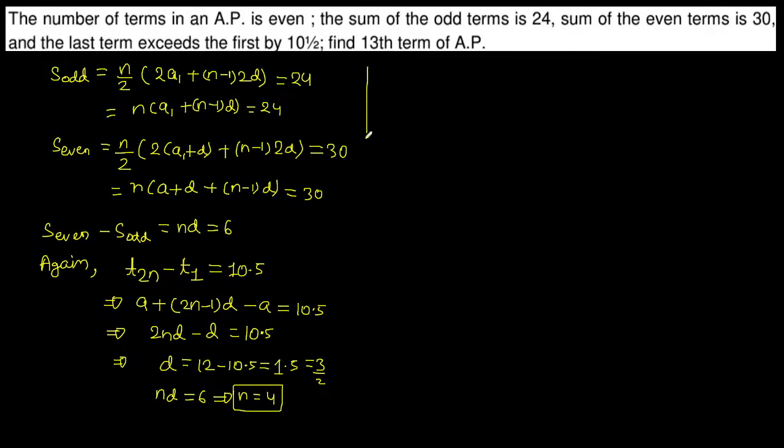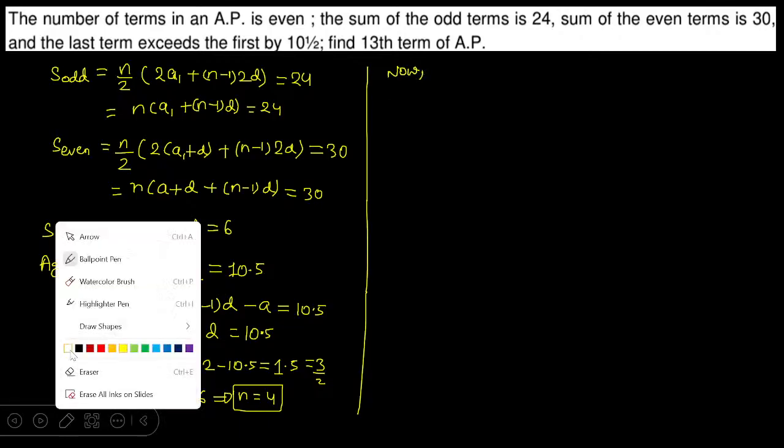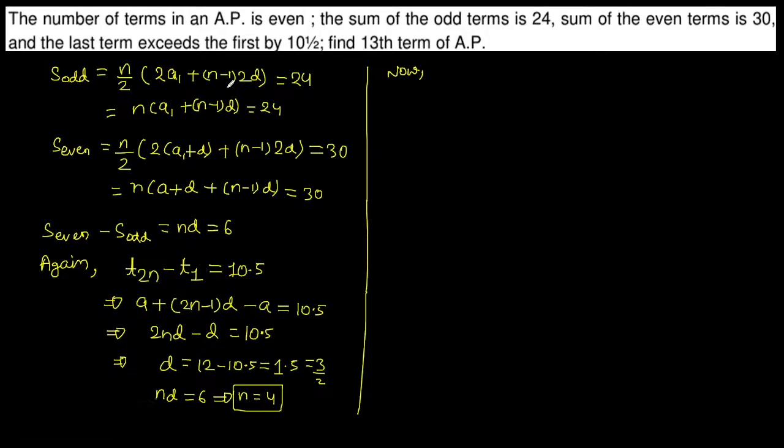Now putting in this equation, n by 2 is 4 by 2, (2a1 plus (4 minus 1) into 2 into d, which is 3 by 2) equal to 24.